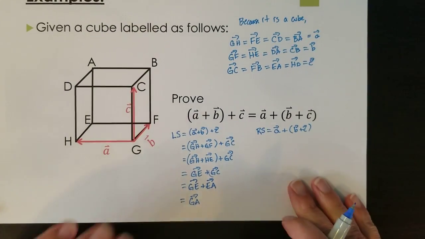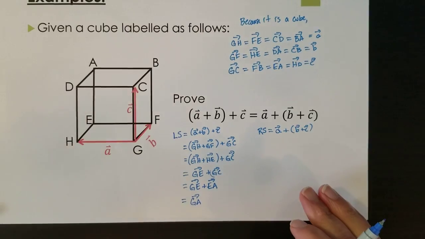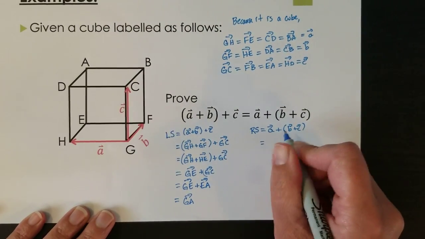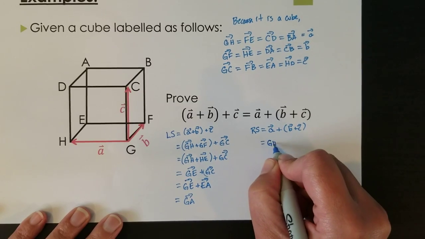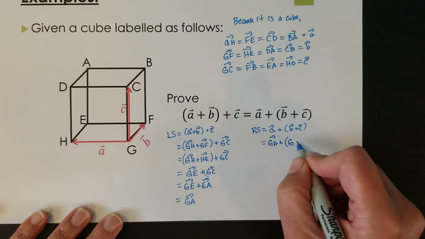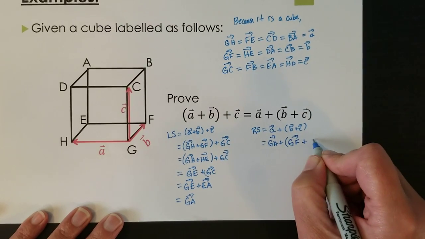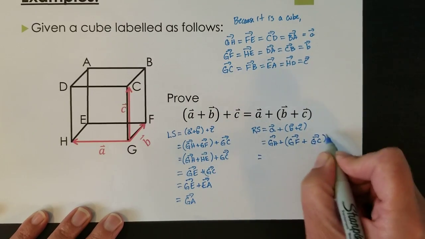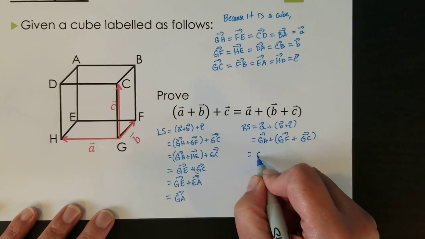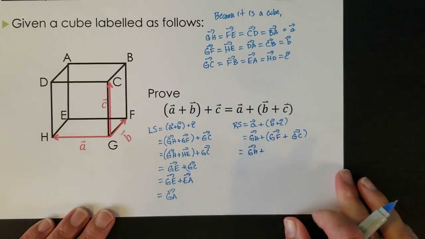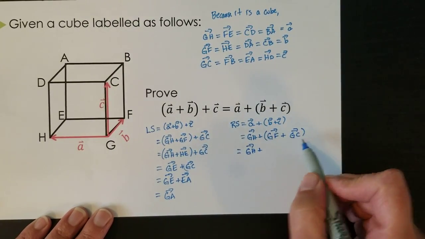I'm going to do a similar thing with the right-hand side and add these. So GH plus, now my B is GF plus GC. And I'm going to add these bracket first. So GH plus, make sure you keep in all of your vector signs, GF plus GC.